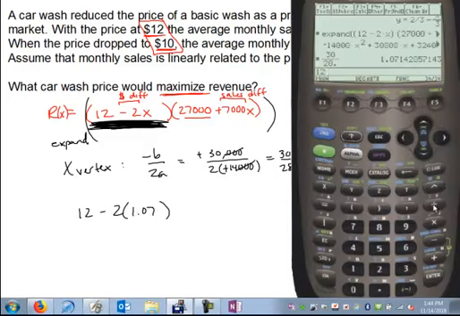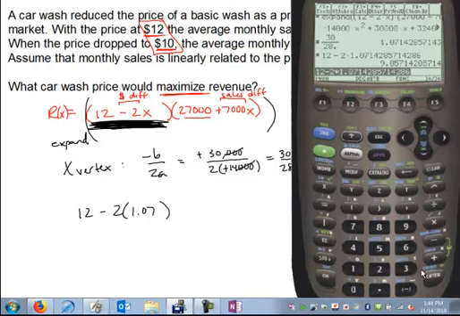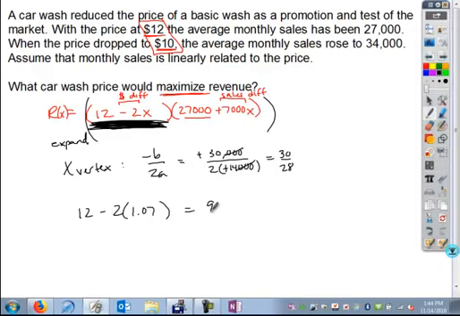So I get 12 minus 2 times this number, and this is what the price should be for that car wash. So $9.86. It's a dollar amount, so we round it to the nearest penny. And that would be the optimum price for a car wash in order to maximize the revenue.